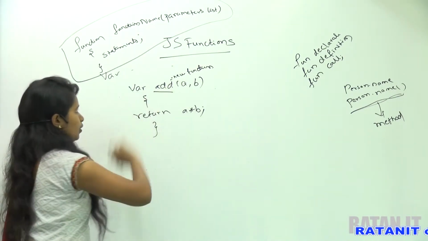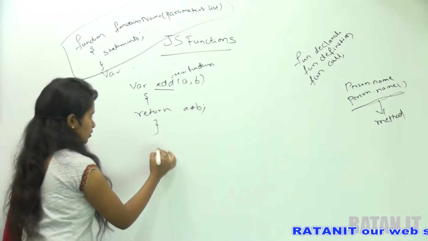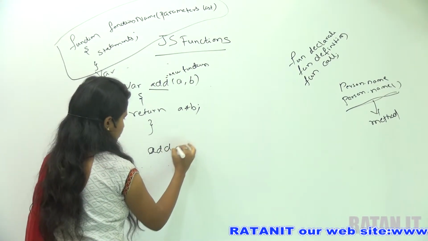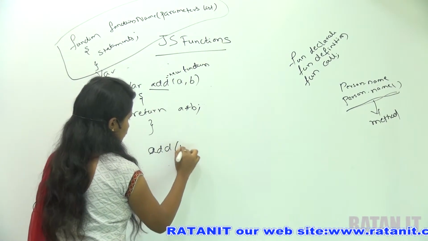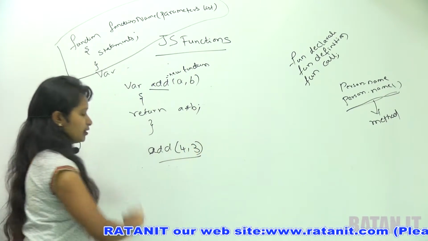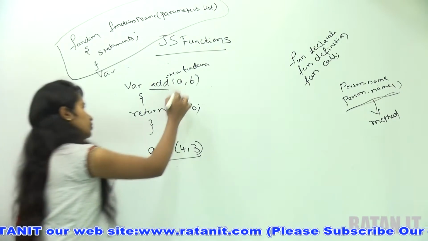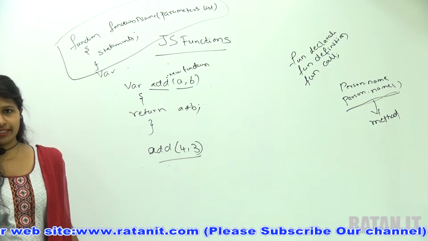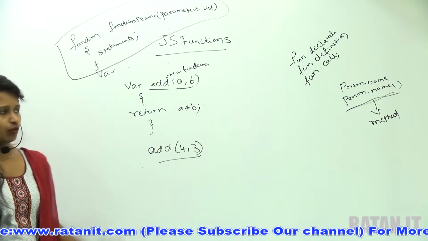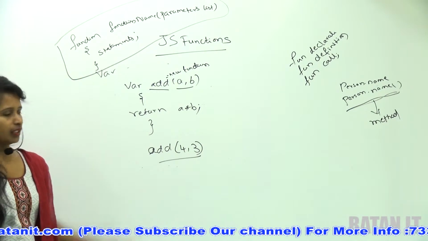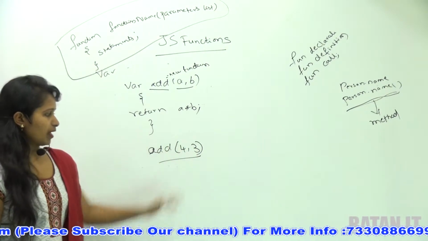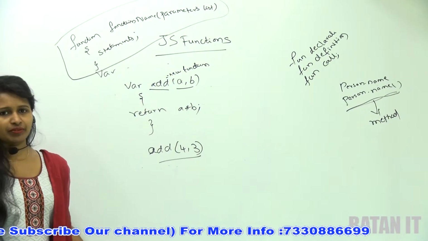Now if I want to call this add of 4 comma 3, the parameters we need to give. What are the rules for the parameters? Whenever we declare them, they could not be declared in the parentheses. You have to declare that outside. I am not giving pass by reference; here I am giving pass by value.